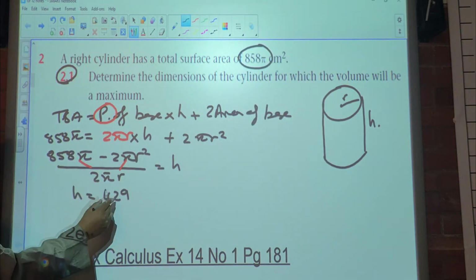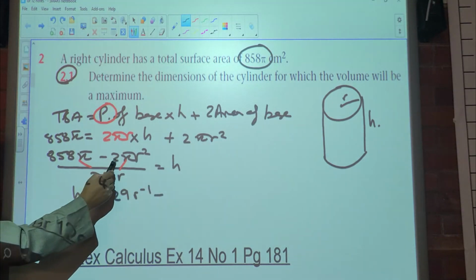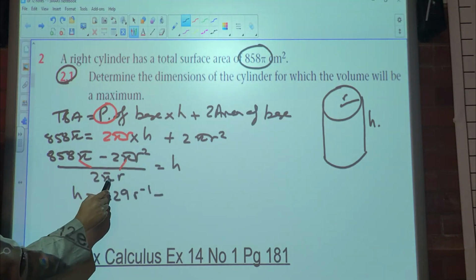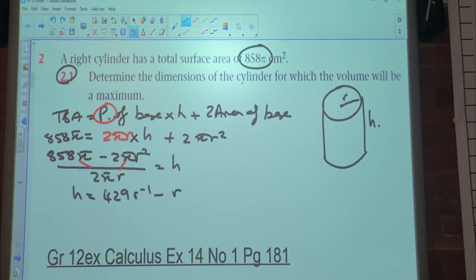And the pi's will cancel, over r, which is r to the minus 1, minus 2 pi r squared over 2 pi r is going to give you r. So that is your height in terms of r.